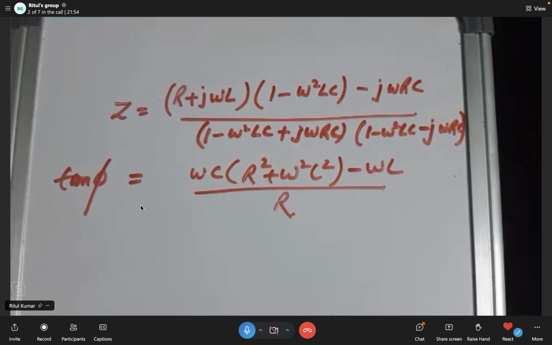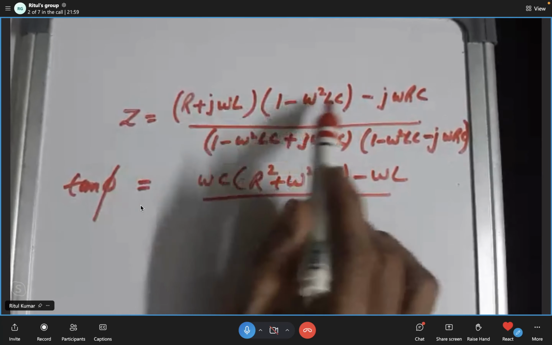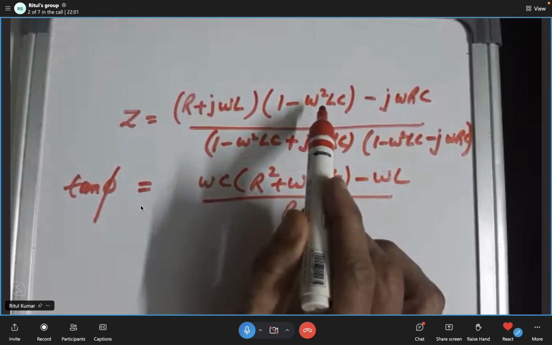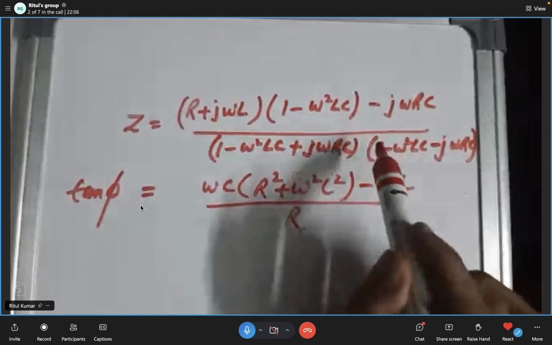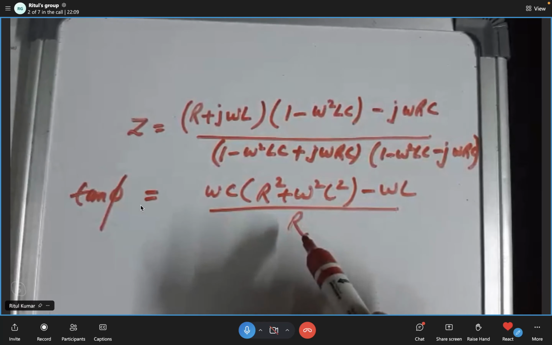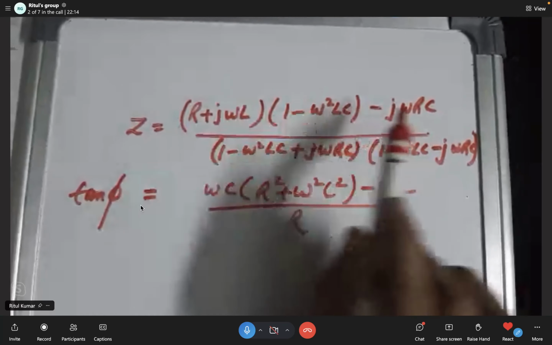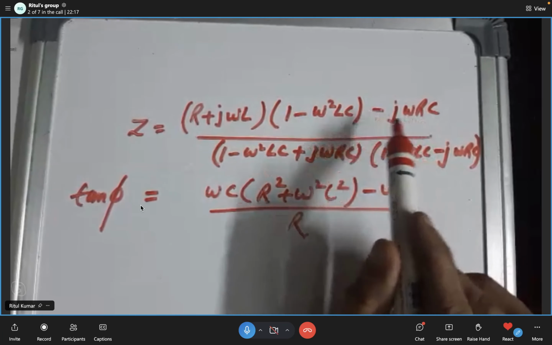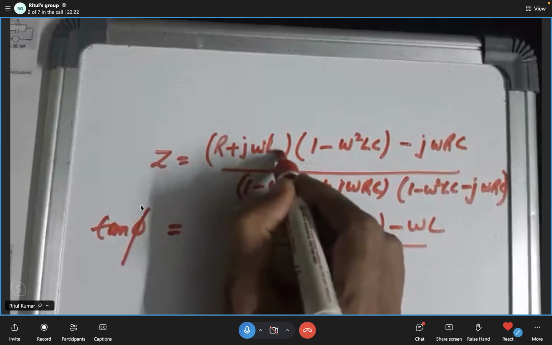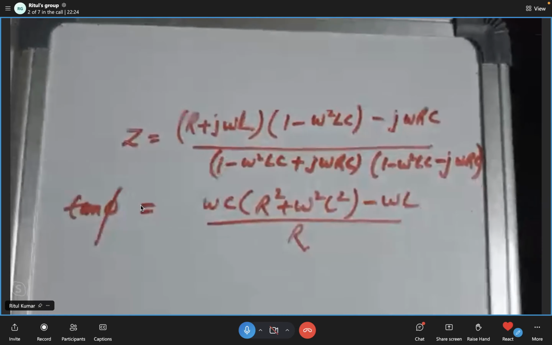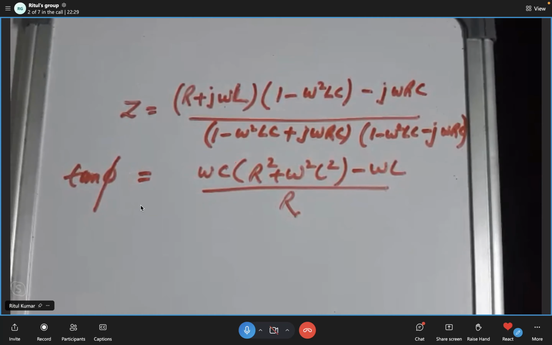Could you explain how you wrote the numerator again? How did you write tan phi? Because I wrote something different. I'm getting over here the J component as omega L, right? Oh, that's omega L. All right, fine. It looks a lot like omega C. It's omega L. R plus J omega L, right? Is it good with you now?